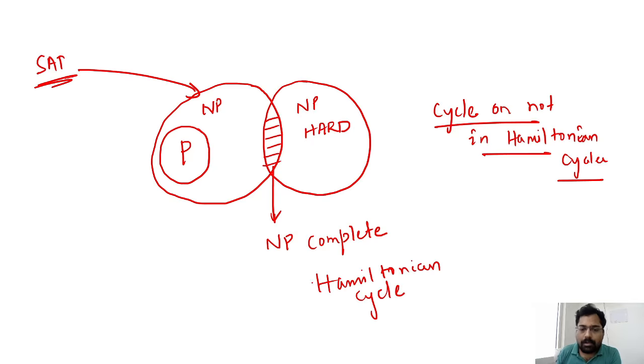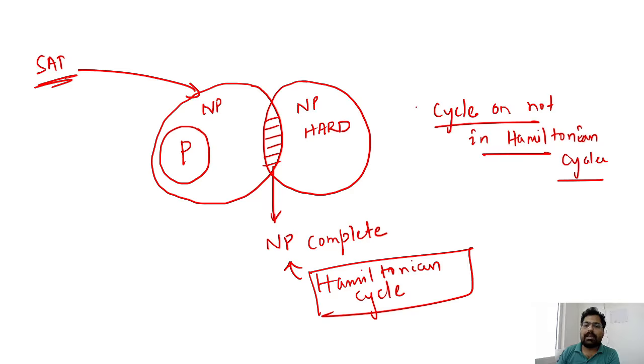A Hamiltonian cycle or path is a part of NP complete, and NP hard is to find whether a cycle is present or not. Sometimes some say Hamiltonian path is a part of NP, but it's a problem where we find whether all vertices are visited once or not.